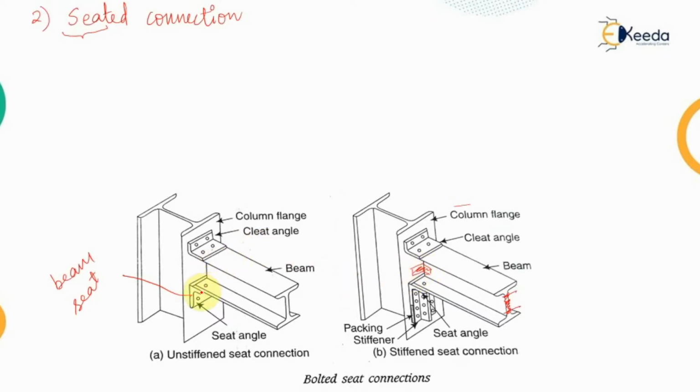And when we provide the angle to support the beam at a location other than the web of the beam, that type of connection is known as the seated connection.